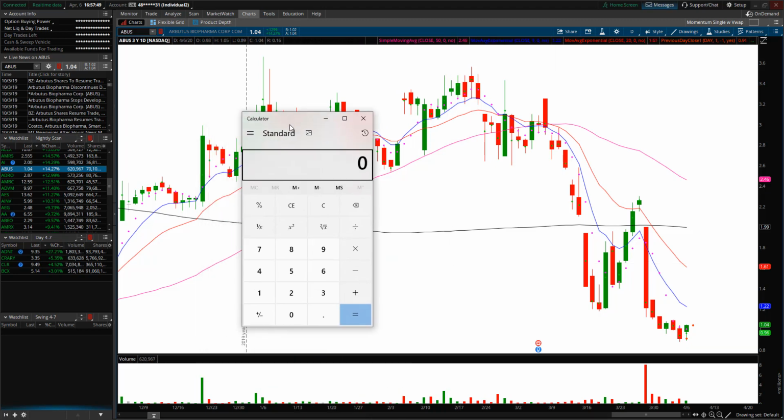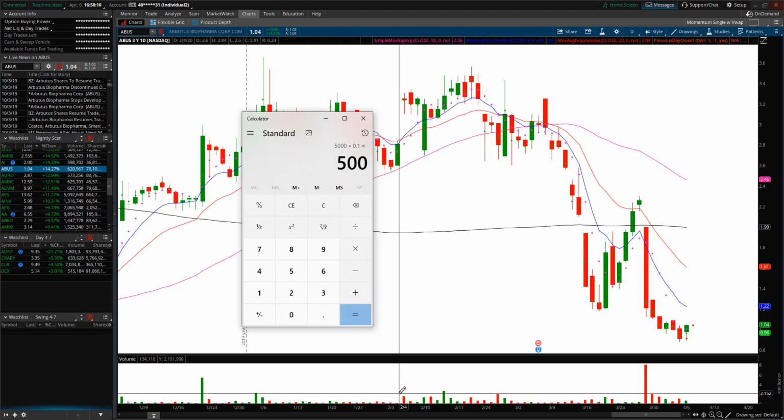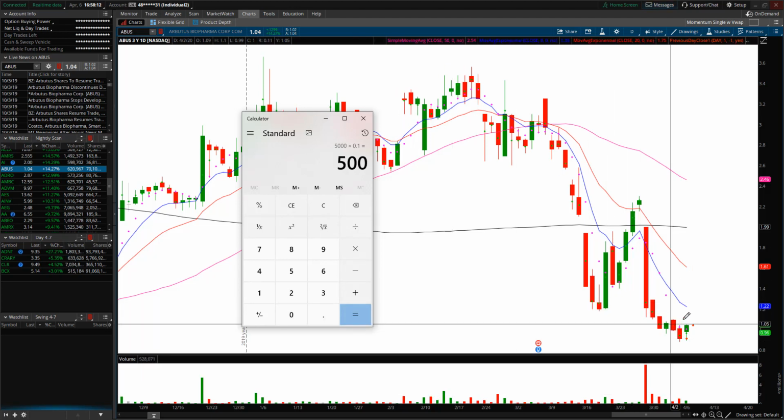I'm not saying to do this, but let's say this has potential to move 20 cents and you bought 5,000 shares, trying to scalp 5 or 10 cents out of it. 5,000 shares times 0.10 is $500. So that's a way, but you have to see the patterns intraday and see what's going on.